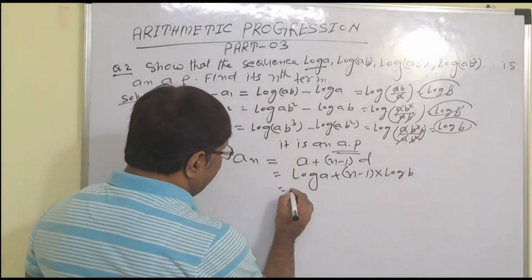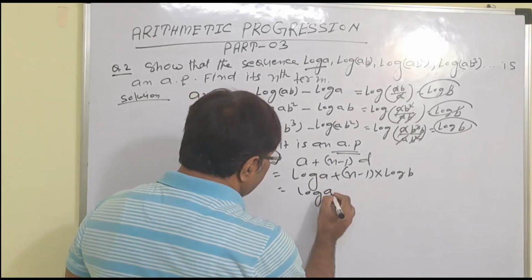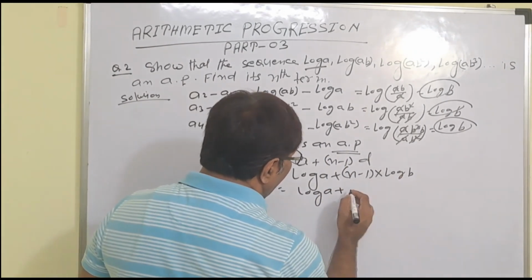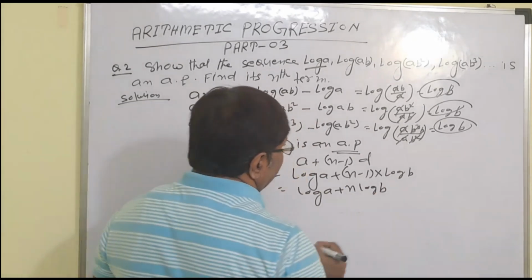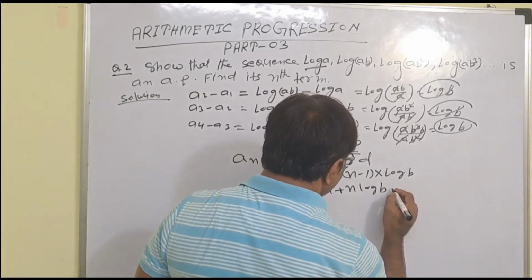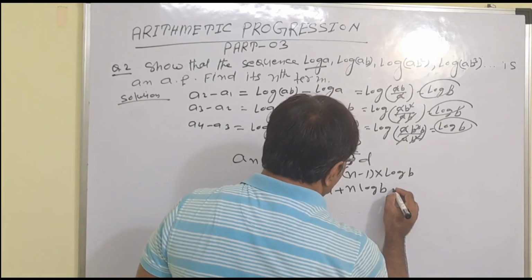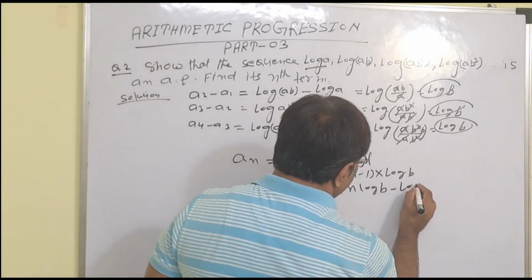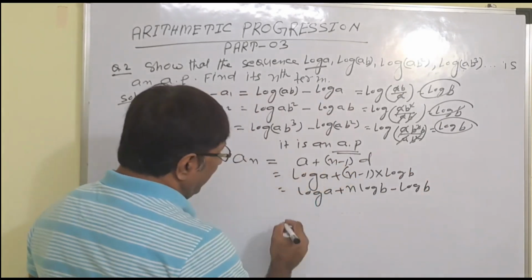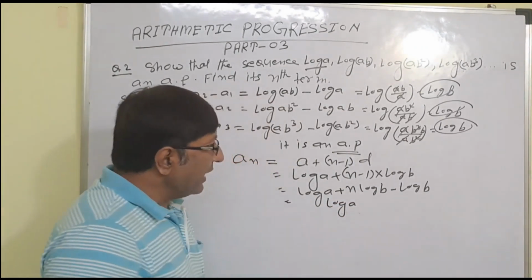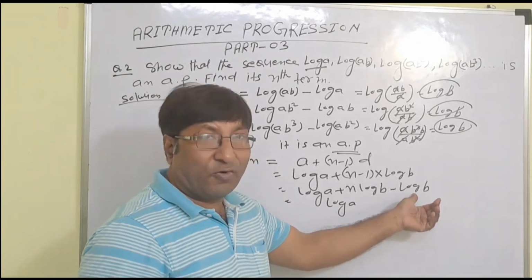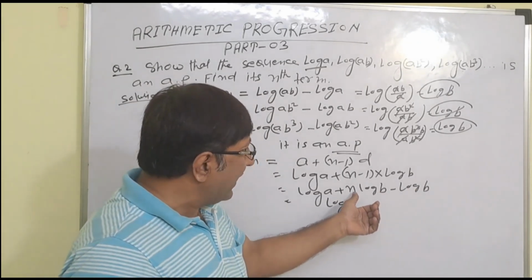Now we can write log A plus n into log B, so this is n log B, and minus log B. So we can write: this is log A, and this is n log B, and here log B. Log B is common, n minus 1.